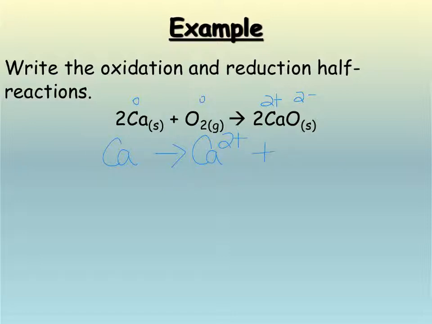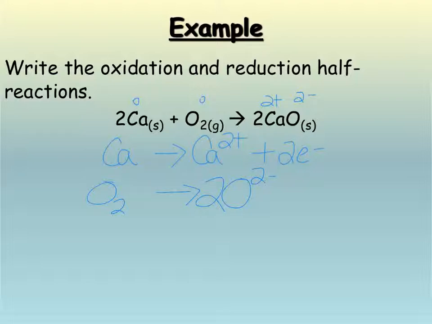I'm going to go ahead and charge balance it, so I'm going to need 2 electrons to balance out that 2 plus. Now I can look at my oxygen. I have O2, and then over here, I have O2 minus. Need to balance my atoms first, so I need to get 2 oxygens on that side.